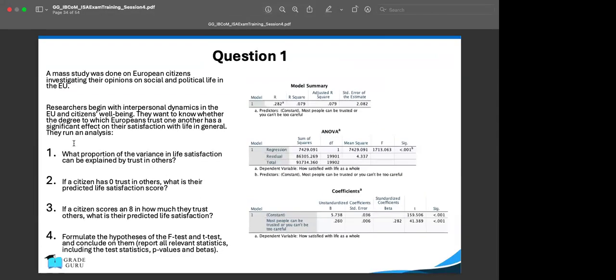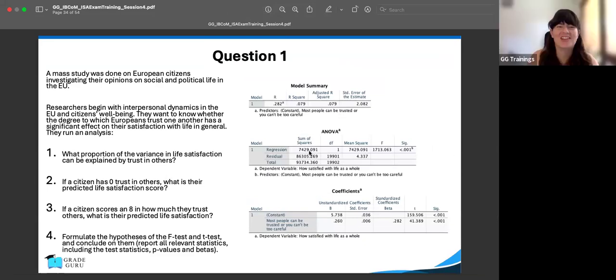Oh yeah, I see what I did. I wrote down R and not R square.